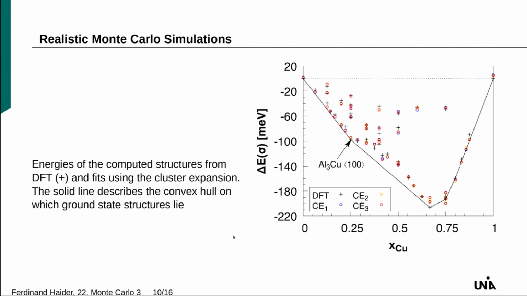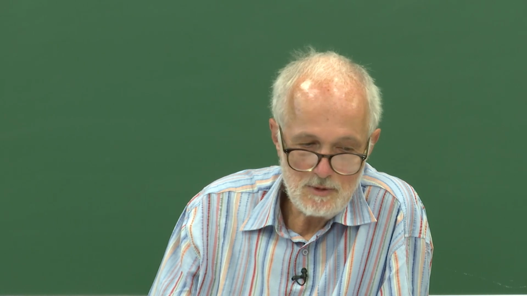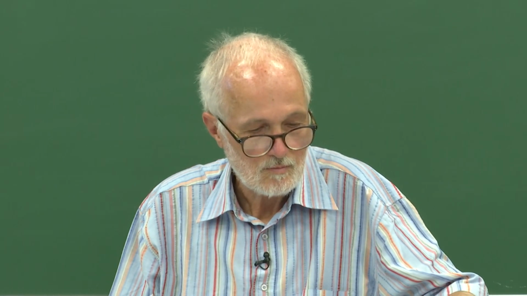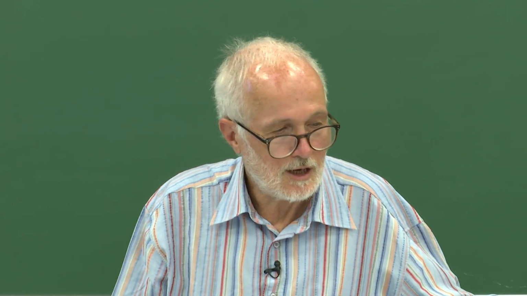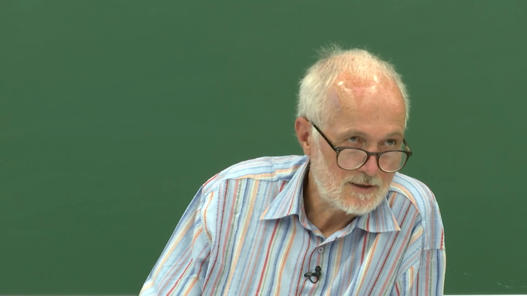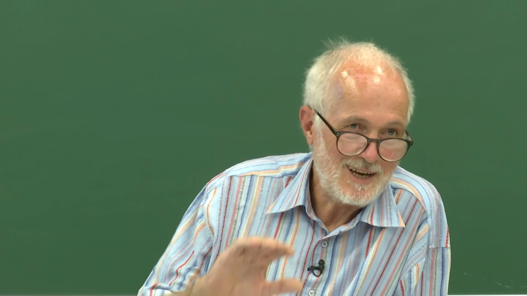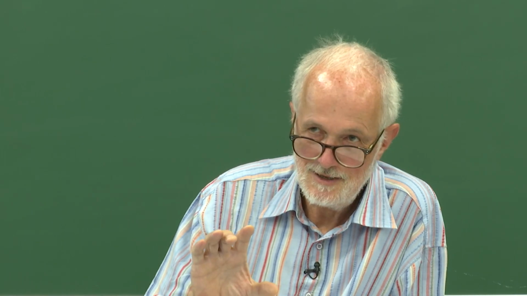So that's now the procedure to obtain our interaction parameters. And now you can start running a Monte Carlo or something else with this set of parameters. Except now the energy calculation is a bit more complicated than it was for pair interactions.